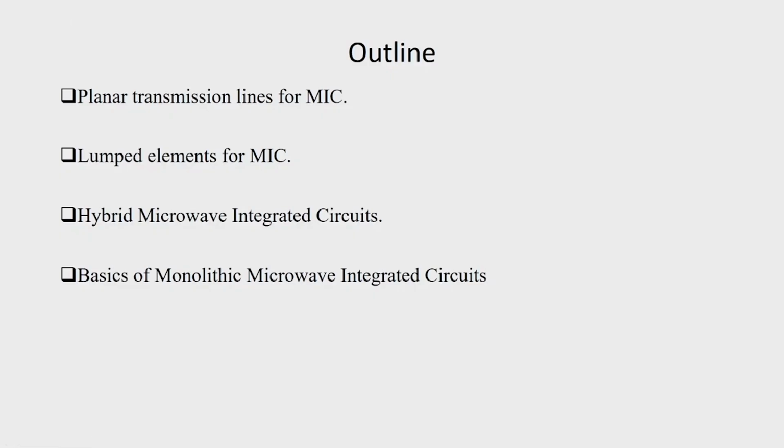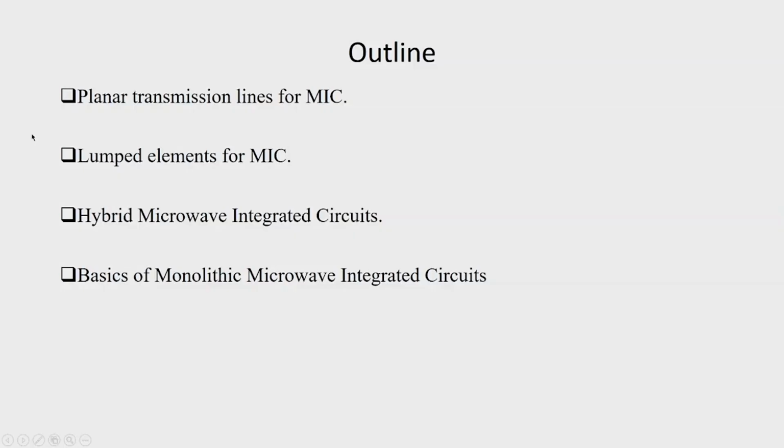And the most advanced form of microwave circuitry is the monolithic microwave integrated circuit, where the components, transmission lines, everything, are fabricated on the same substrate. Now, in hybrid MIC, we can have different substrates for transmission lines, and different substrates for other components.